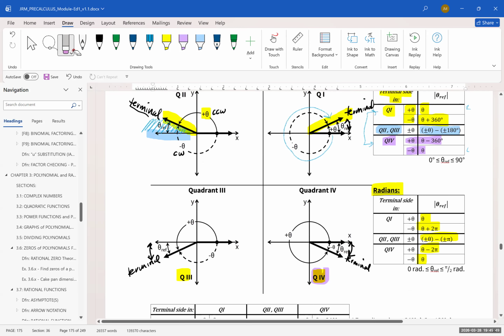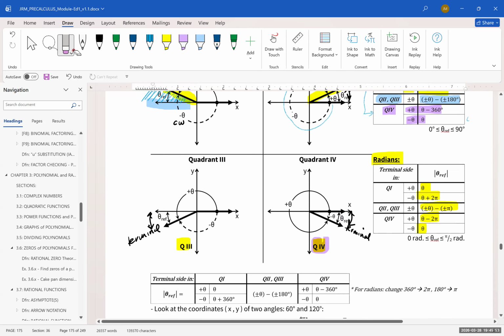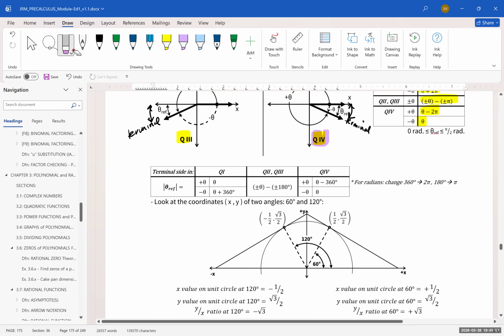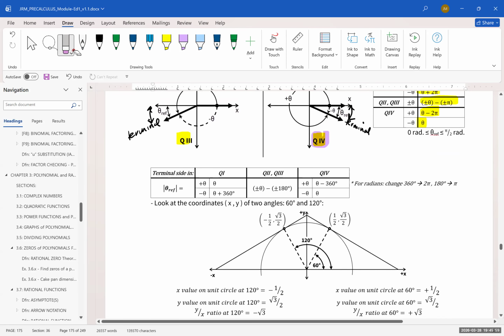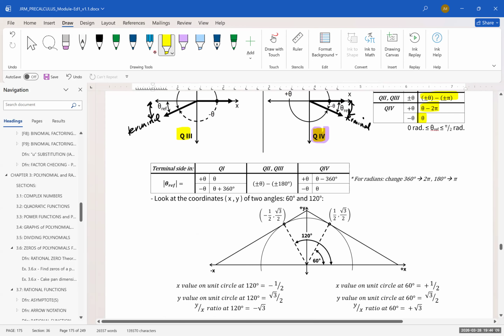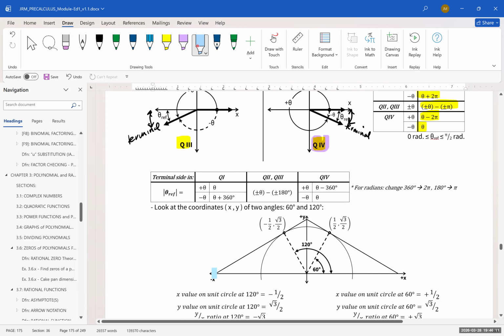Okay, so what purpose do these reference angles serve? Well, to get an idea of that purpose, let's look at an example. Here we've got the x-axis, in blue.